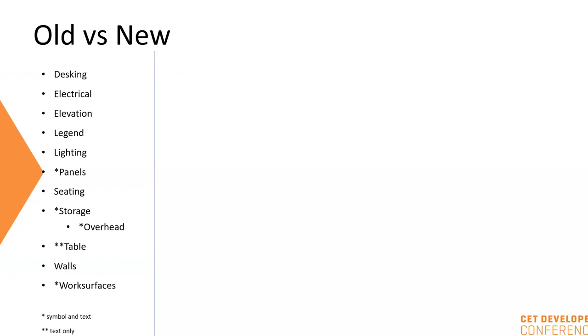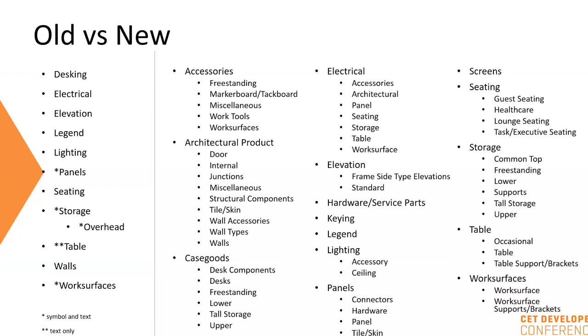Tables, for some reason, only has had text, has not had a separate symbol category. And now, seeing here on the right, here are all the categories from Abstract Office that have been added. You can see that we do still have these generic parent categories, but we have a lot more subcategories that get into much more specific products.